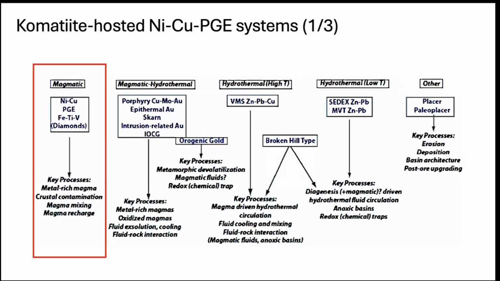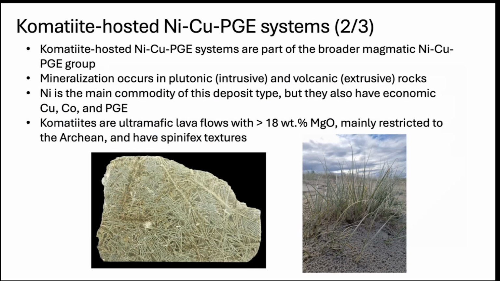Okay, so very briefly, we'll have a quick look at komatiite-hosted nickel-copper PGE systems. It's one of the subvariants that are recognized in the textbook by Muller et al. So again, these are magmatic deposits, and one of the defining characteristics of komatiites, if you see the picture on the left at the bottom there, you can see that sort of linear fabric in the rock.